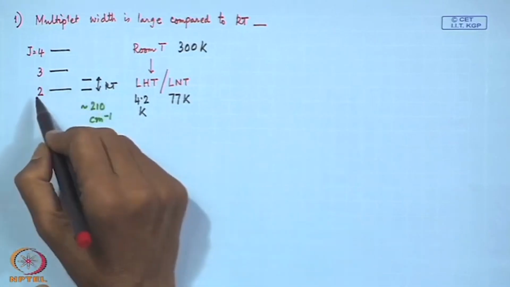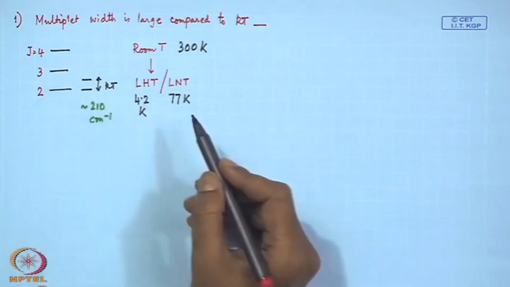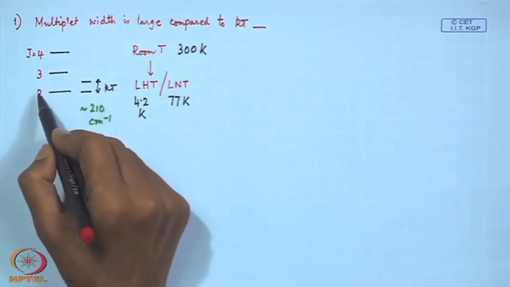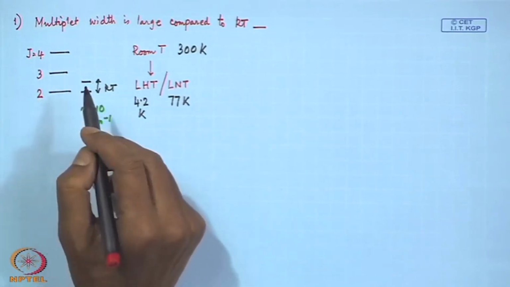What happens is that whatever number of unpaired electrons are available, they will entirely populate the ground level, or the lowest energy J level.